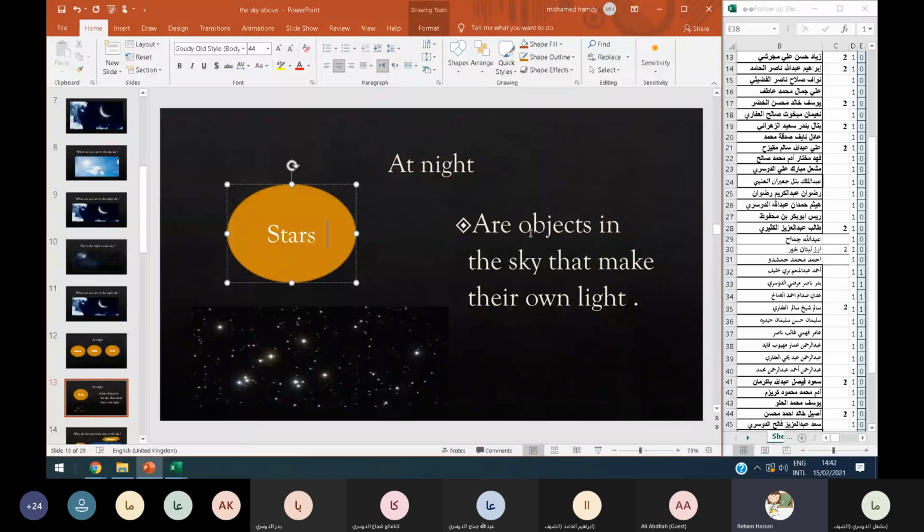So the stars are objects in the sky that make their own light, okay? So again, what are the stars? Stars are objects in the sky that make their own light, okay, honey? Yes, Abdurrahman Ammar?